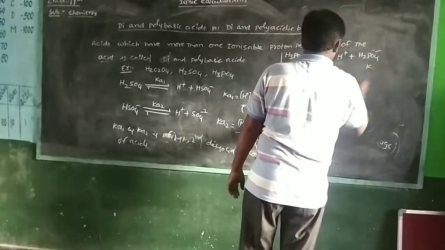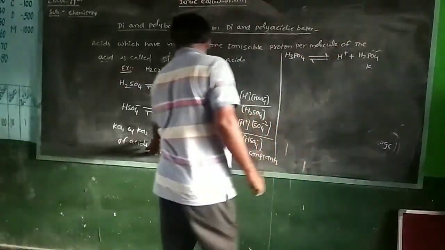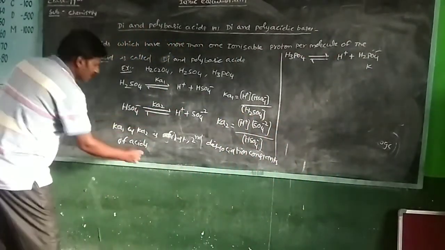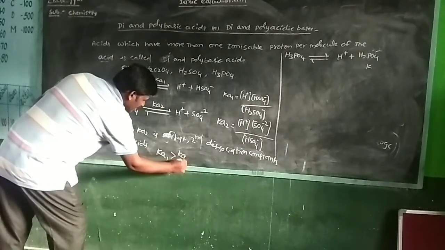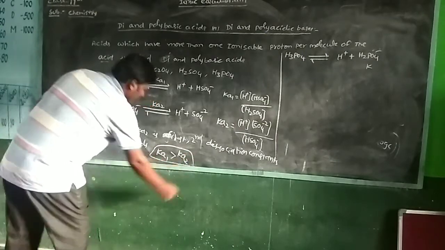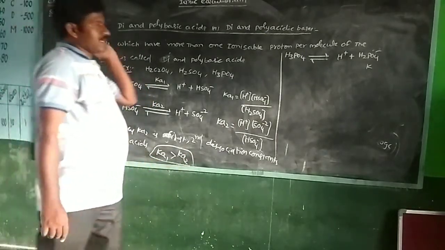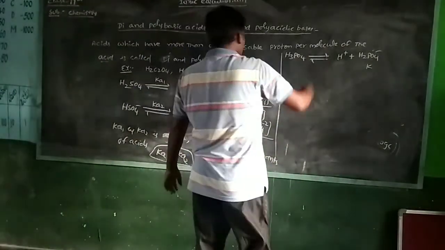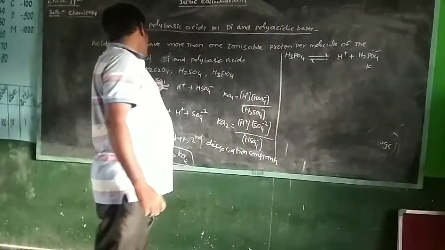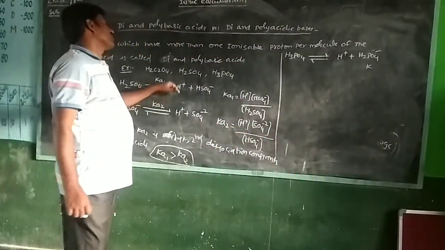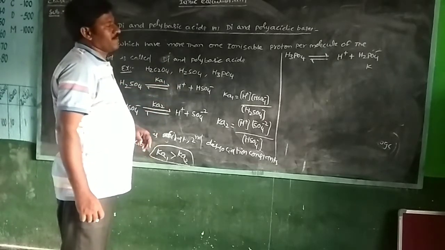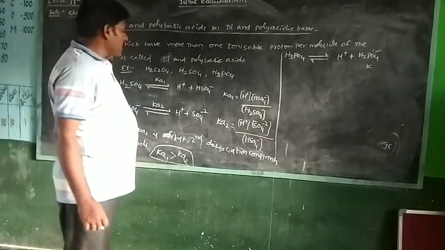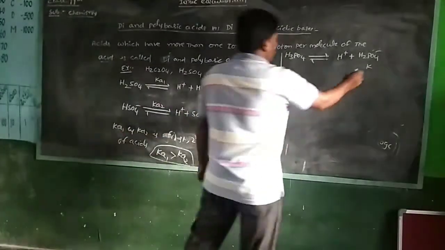It has been found that Ka1 is greater than Ka2, because the more easily removable proton indicates greater acid strength.